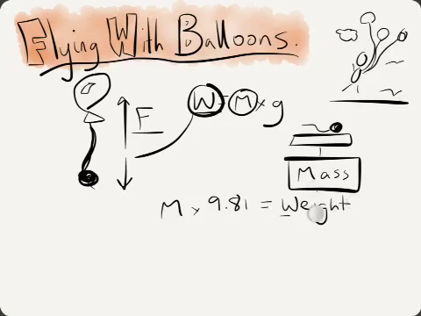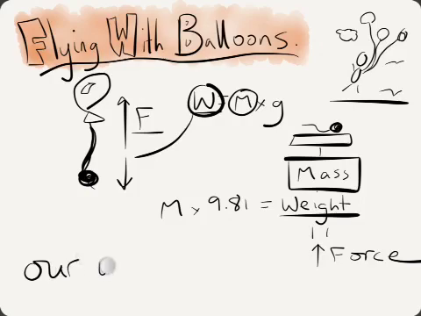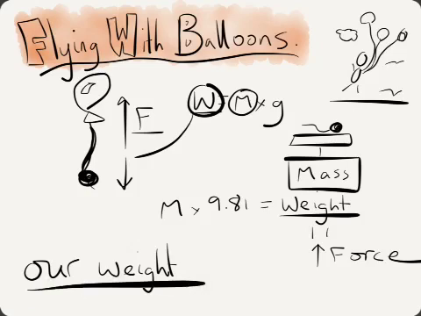Once we knew the weight acting downwards, we know that that is equal to the force acting upwards. And then the final step is finding our weight in newtons, and we can then just divide our weight by the force of one balloon, and that will give us the number of balloons that we need.